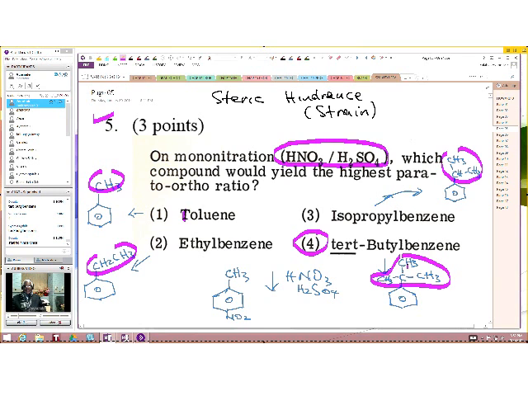You notice the tertiary butyl is the biggest, the bulkiest. As such, it will prevent any incoming group from coming to the ortho position, because there will be interaction between this group and the incoming group. Therefore, most of the product will be directed to the para position, and that is because of steric hindrance.